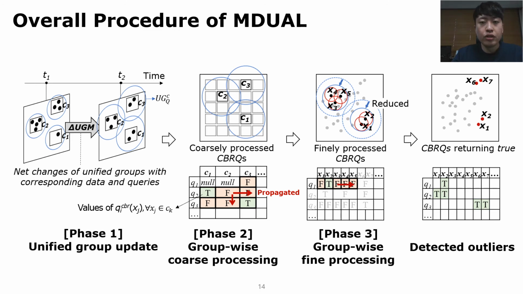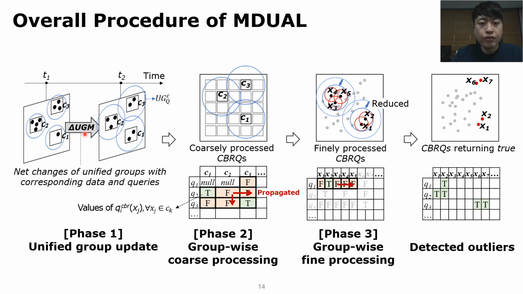So the MDR algorithm conducts three main phases in every sliding window. In the first phase, the unified groups are updated. So between the previous timestamp and the current timestamp, the MDR algorithm updates the unified group mapping, which contains the information about unified groups, and we only update the minimal number of net changes between the previous unified groups and the current unified groups.